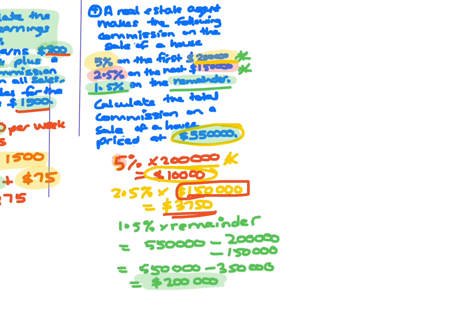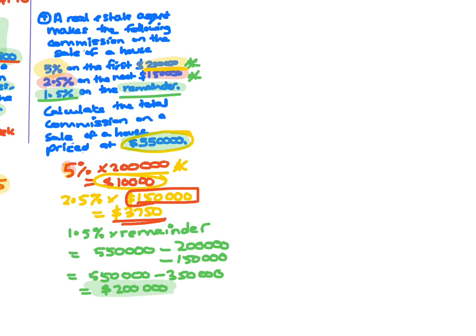So if you figure that out, you go 1.5% times 200,000. You can go 1.5, shift brackets, because that's the percent button, times 200,000, and you end up with $3,000. So that means your total commission here, you've got 10,000, 3,750 and 3,000.